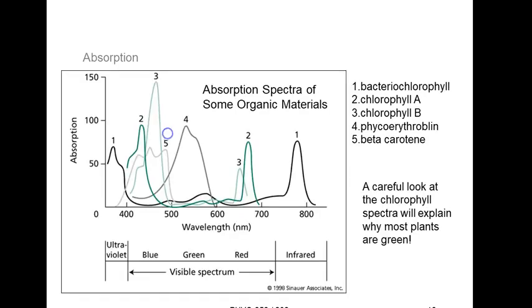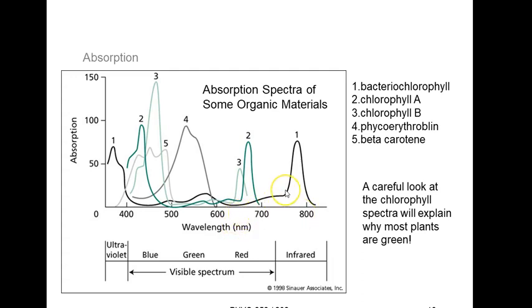So here's a typical absorption spectrum. This actually shows several. On the vertical axis, it's just a normalized amount of absorption, so the higher the number, the more absorption. And then here's versus wavelength in nanometers. This is over the entire visible spectrum and a little bit into the infrared.